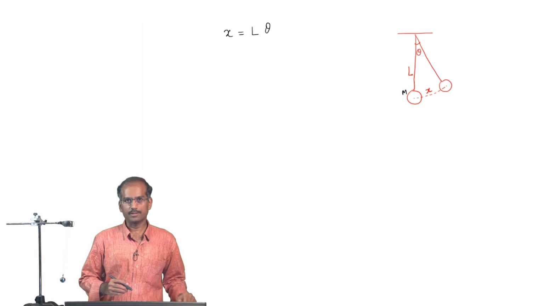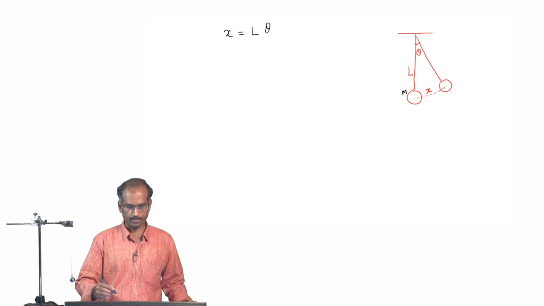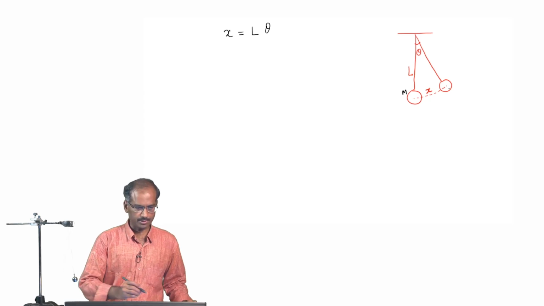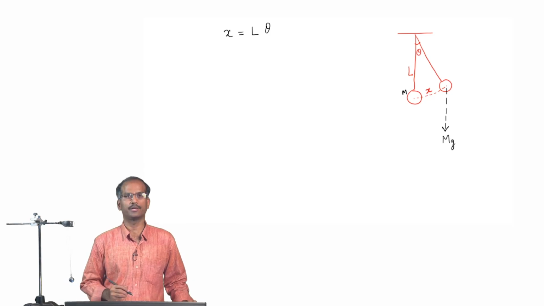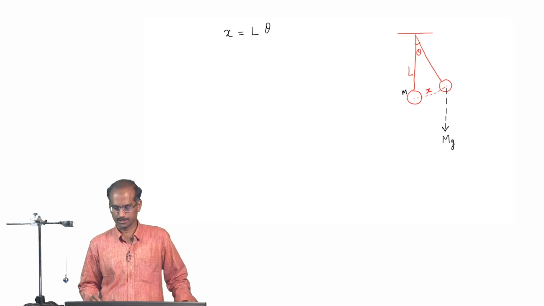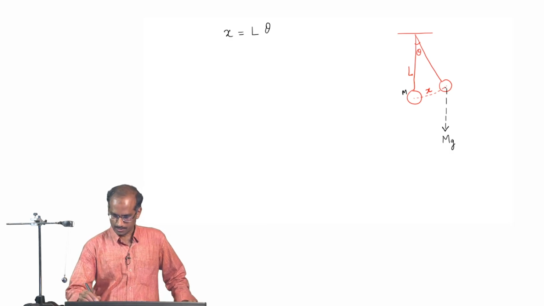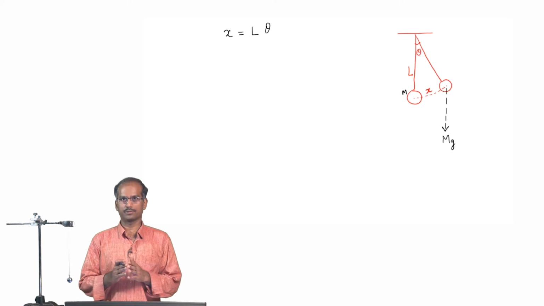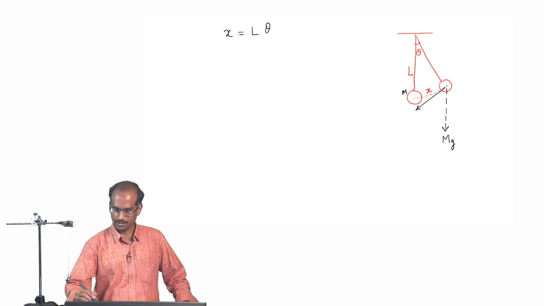Now, what are the various forces acting on this bob when you displace it away from the equilibrium position? There is of course the weight which is acting vertically downward, that is mass times the acceleration due to gravity, mg, and then this mg can be resolved into two components, one that is along the direction of the restoring force and the other one which is perpendicular.